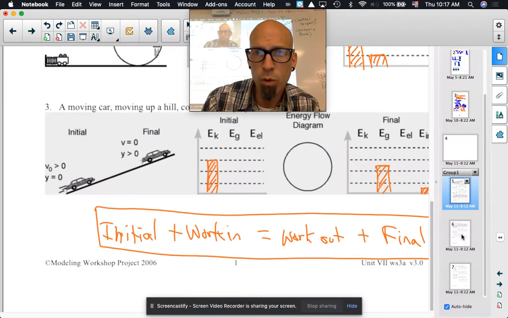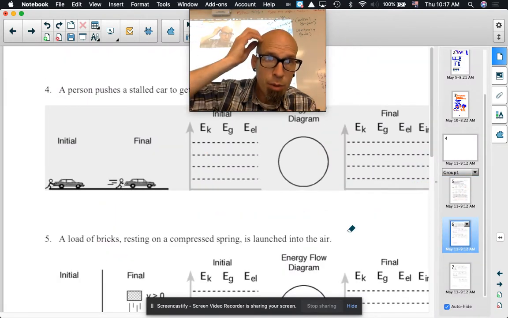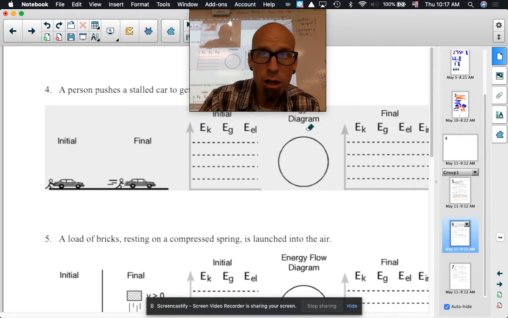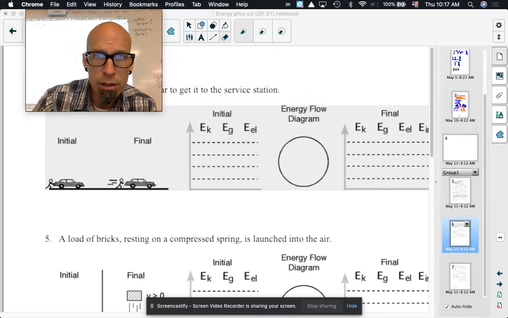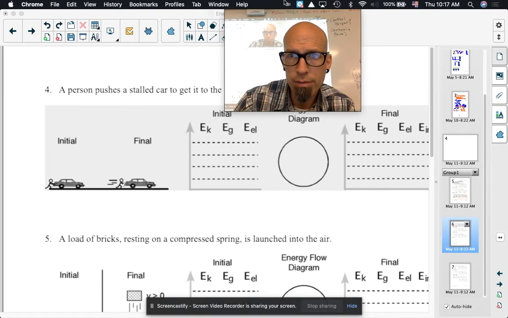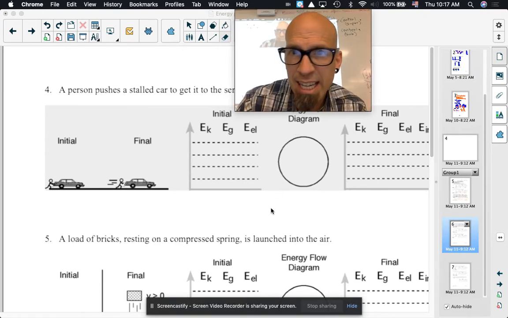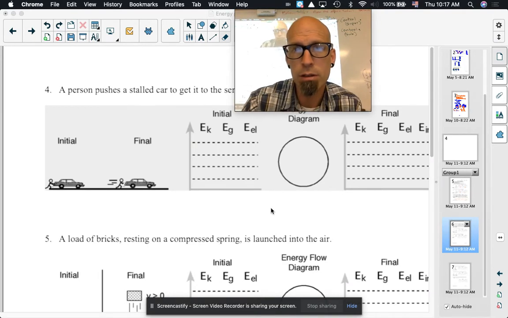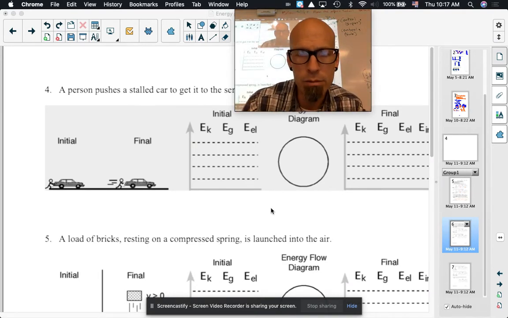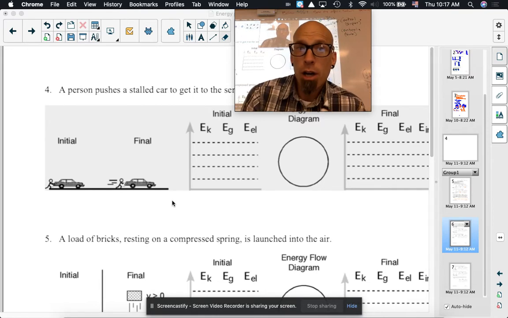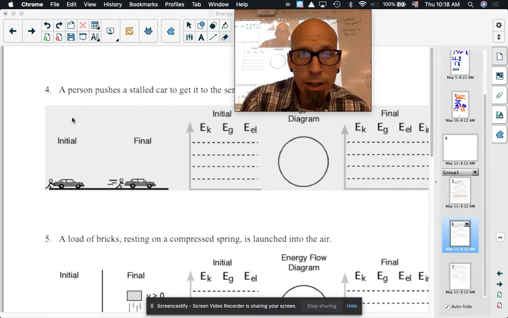Moving on. Number 4. Now we have a person that pushes a stalled car to get into the service station so that the car can be serviced, like put gas in it and whatever. They don't call them that anymore. So initially, what do we have?